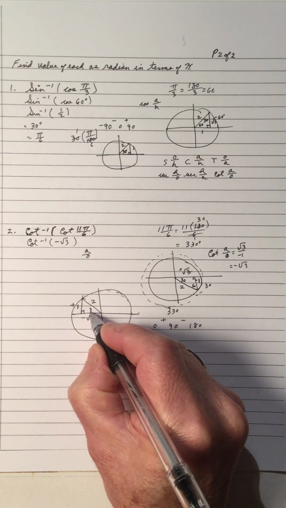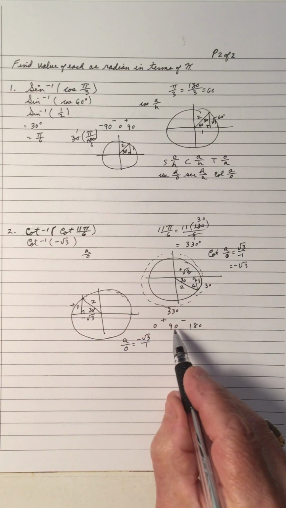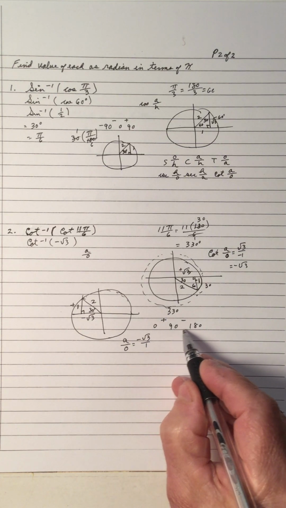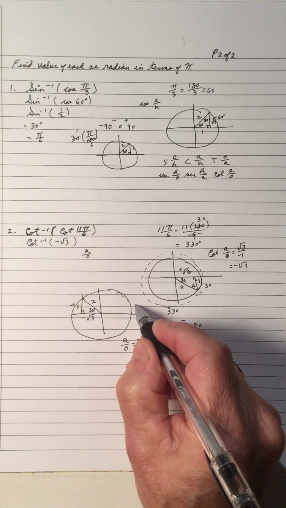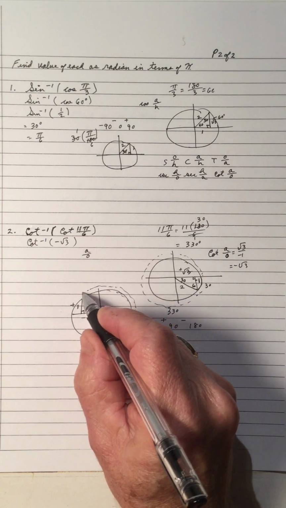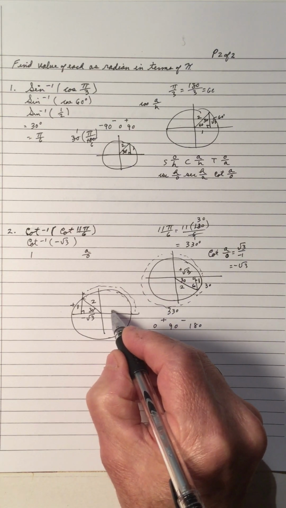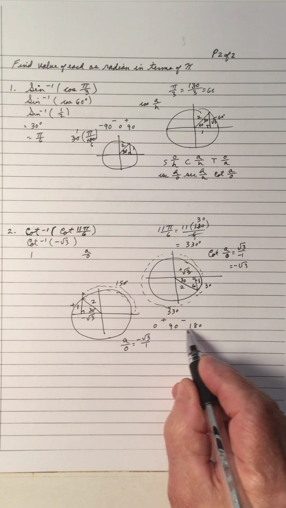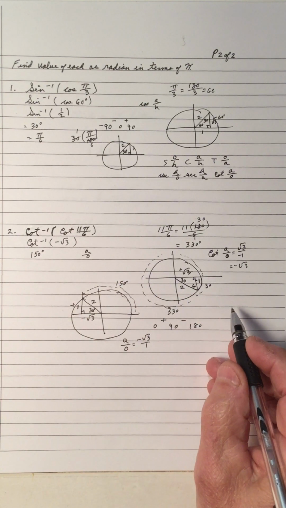That means that angle is a 30. So we have 30 degrees as the reference, but the rotation has to be between 90 and 180. So this angle is 150, because it has to be between 90 and 180.